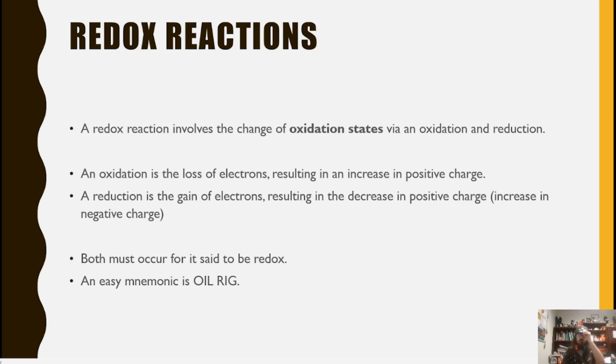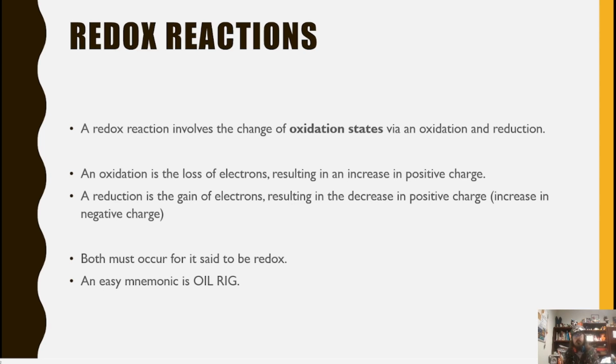So that could be going from negative charge to less negative, negative charge to neutral, or neutral to positive. It doesn't really matter. Or positive to more positive. Going from copper 1 to copper 2 plus is oxidation. But so is going from iron to iron 2 plus. So is going from chlorine 1 minus to chlorine neutral. All these are oxidations.